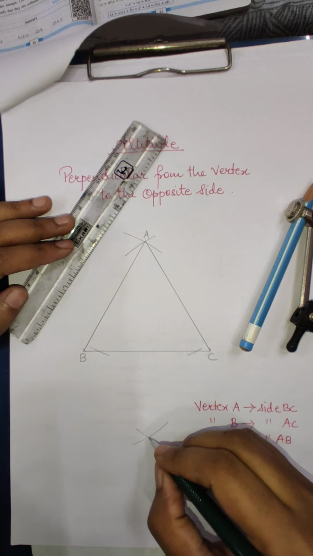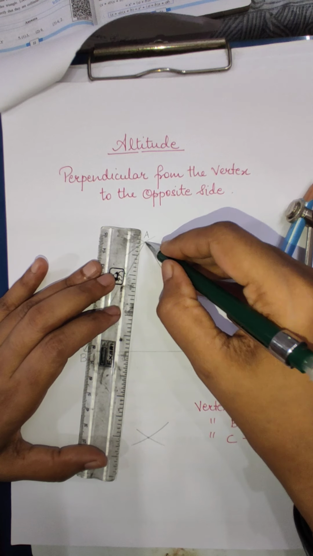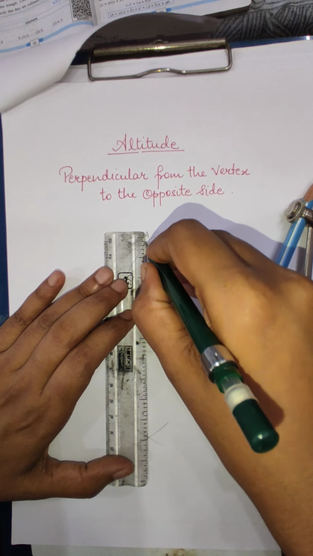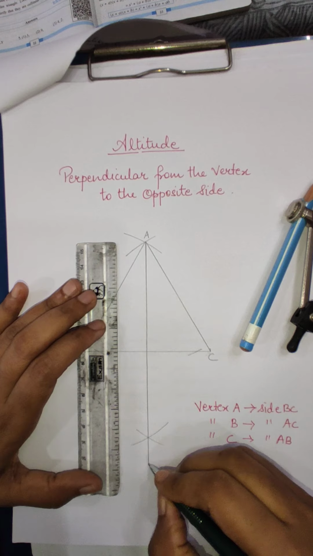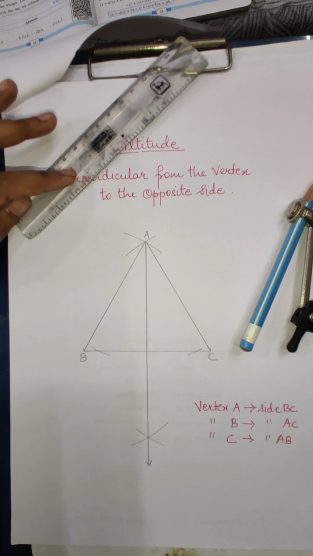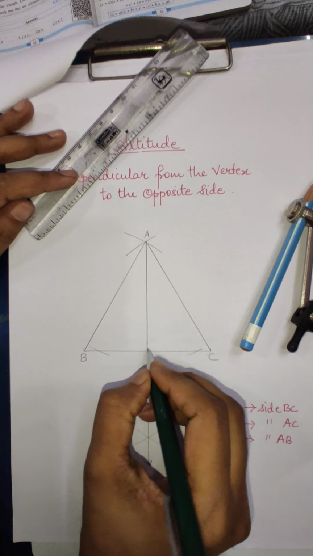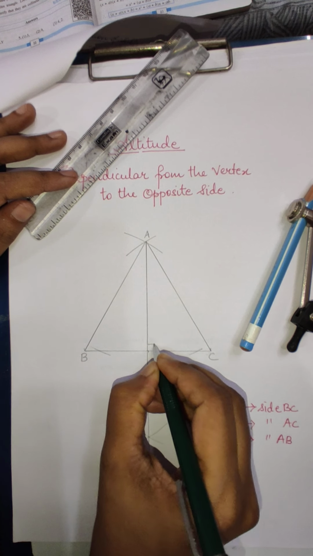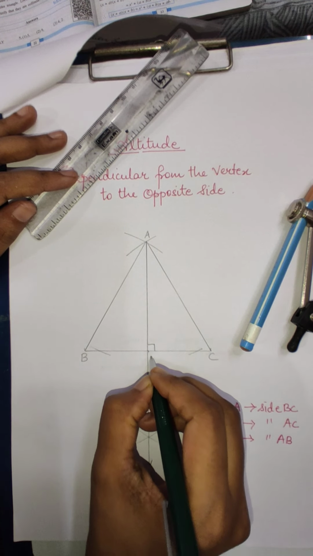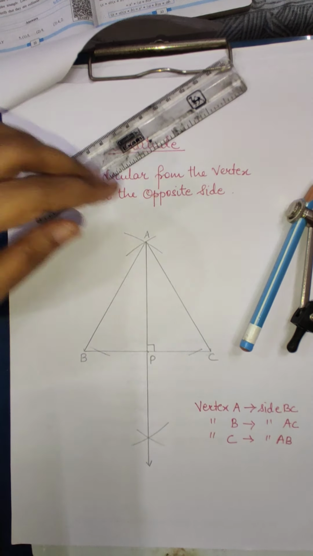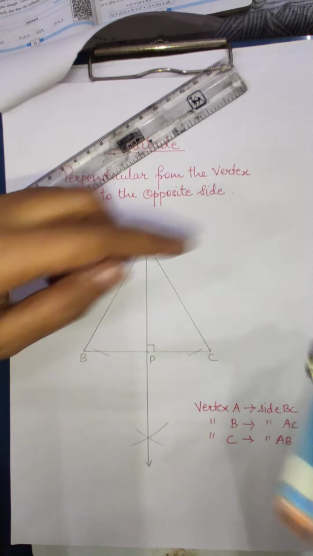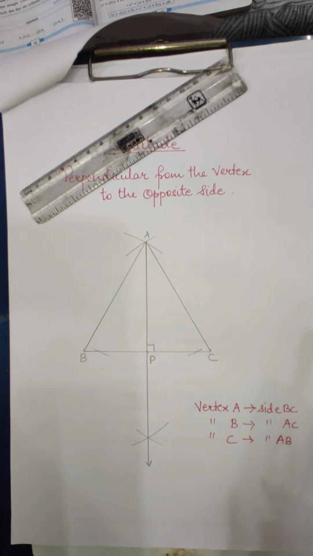You get the point of intersection. Join point A and this point and draw a line. This is your point of contact over here. It's your perpendicular and name this as P. So AP is your altitude for side BC from the vertex A.